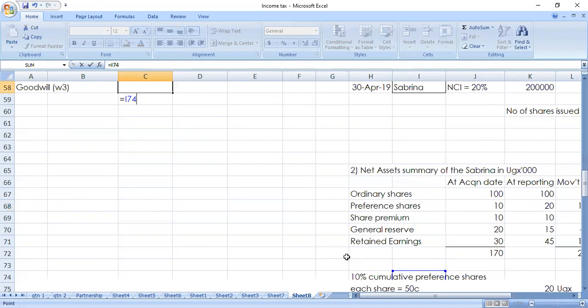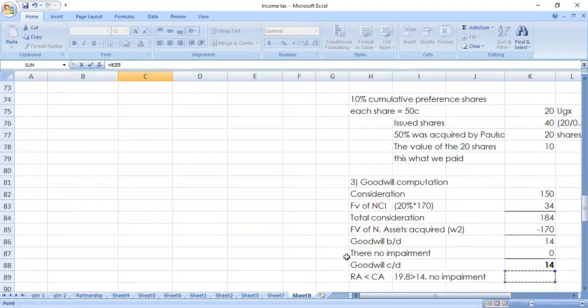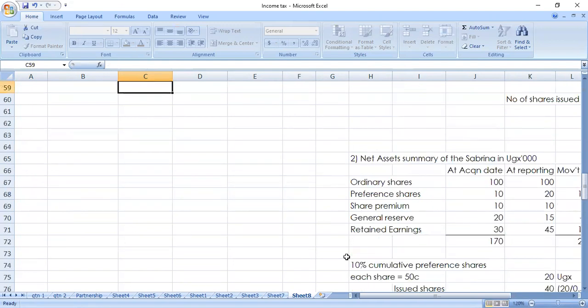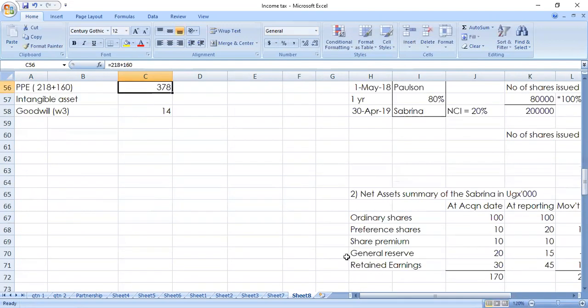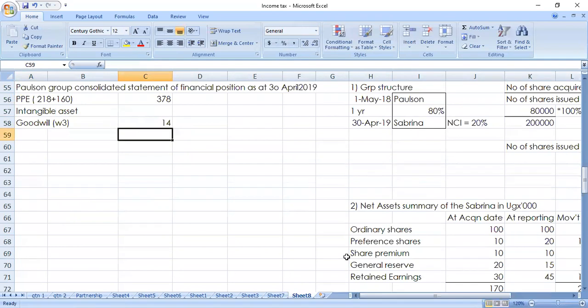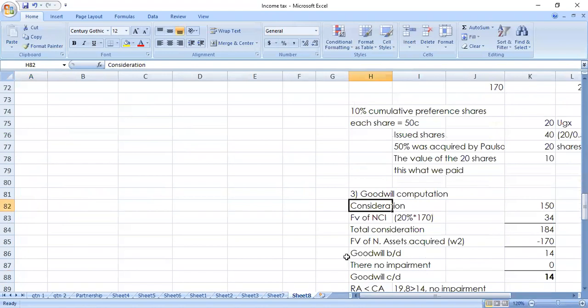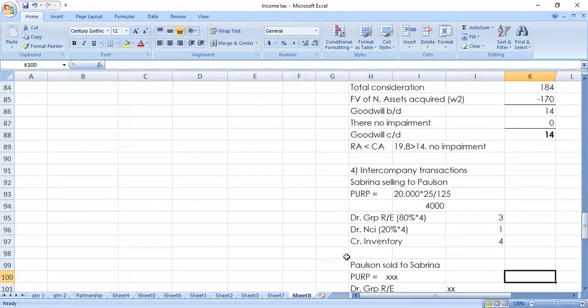So the goodwill was 14 here. Okay, so it's 14. Now this 14 is for the 150. Out of the 160, 150 have gone with the 14. Now the 10 goes with this last adjustment they made.